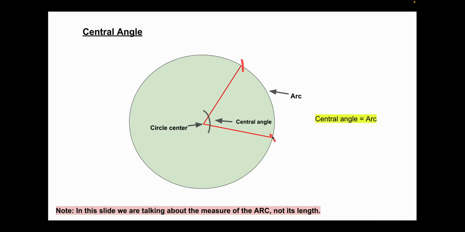But again, we're not talking about lengths. Lengths is something else. Here we're talking about angles. In this case, the measure of this arc is equal exactly to the central angle. And again, when we talk about measure, we're talking basically about the portion that this arc covers from the total area of the circumference.